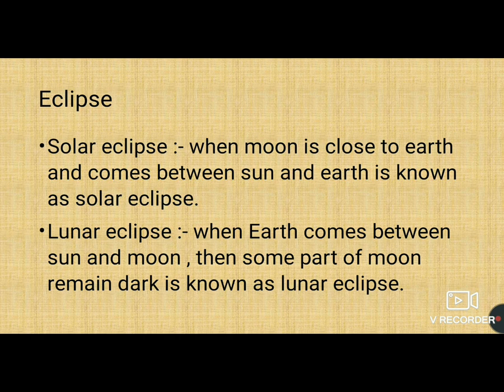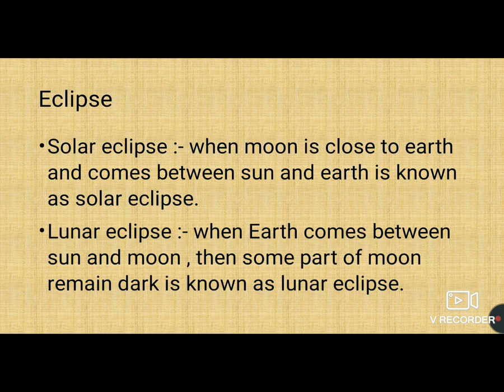That's why it is illuminated and shines brightly. But an occasion when the moon or sun seems to be completely or partially disappearing, because one of them is passing between the earth and the other, is called an eclipse.